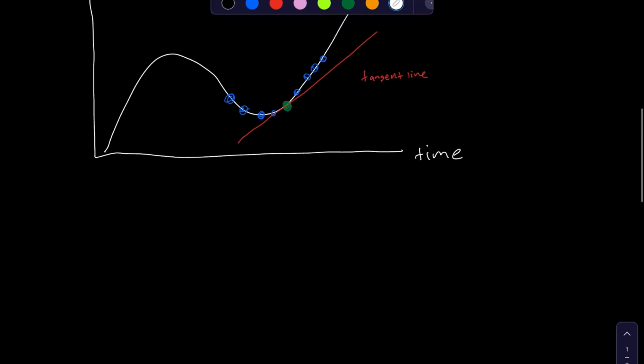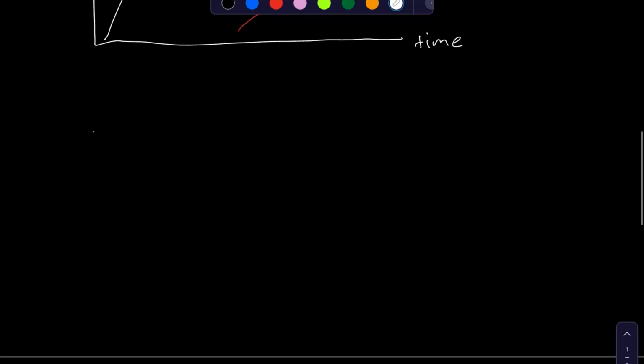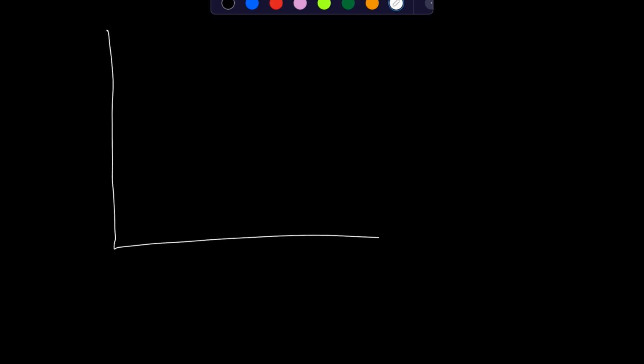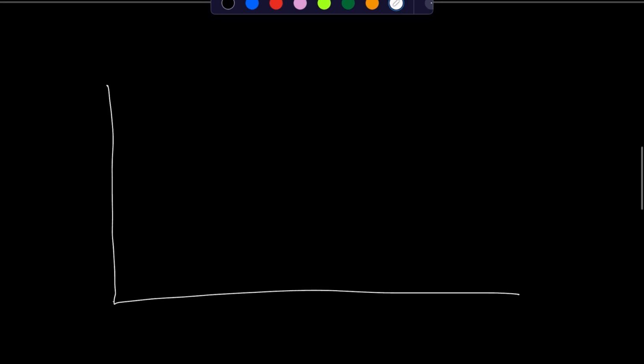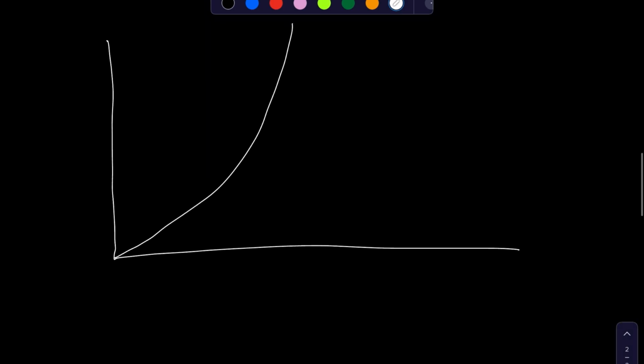Let's go down here. So now we're going to have a slightly different graph. So let's actually just make some new space. So let's go slightly different. So let's say this model, this is the same particle.